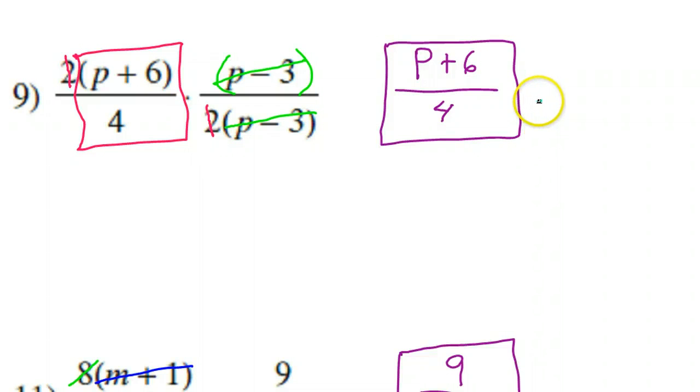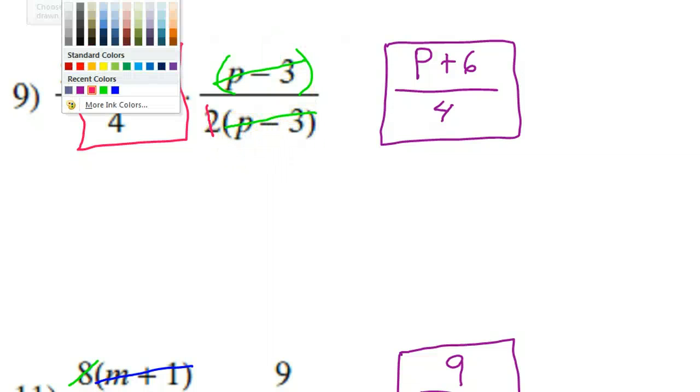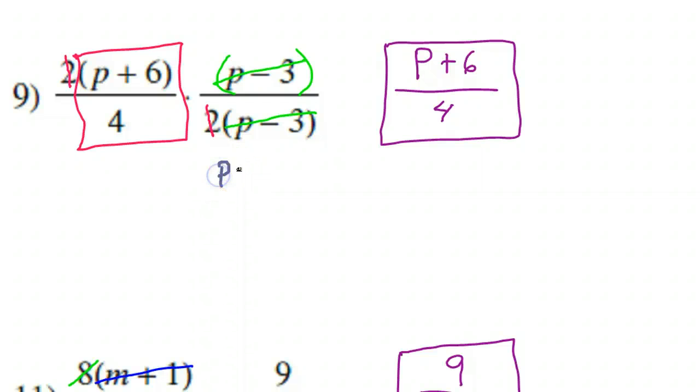We got to include the restrictions though. So we canceled out a variable right here. Let's not forget that this factor cannot equal 0. So p minus 3 cannot equal 0. Adding 3 to both sides tells me that p cannot equal 3.